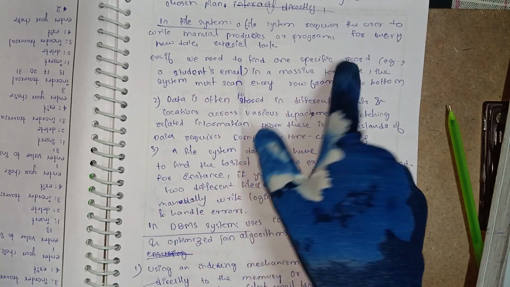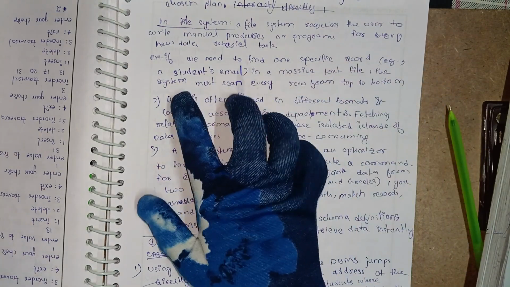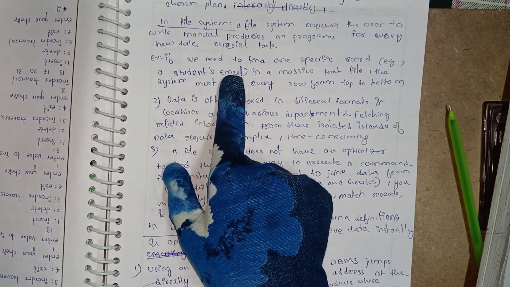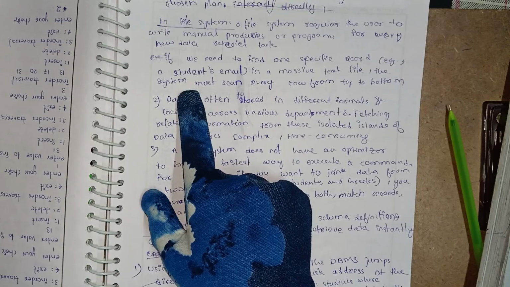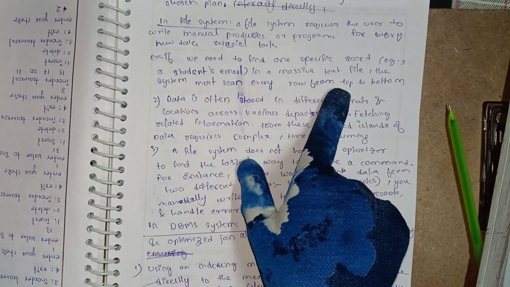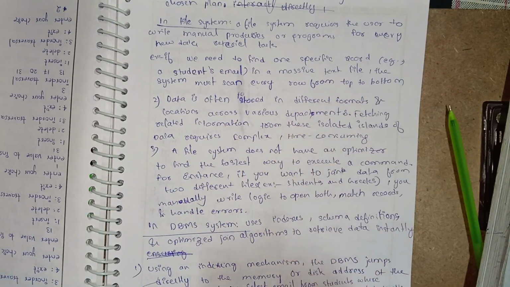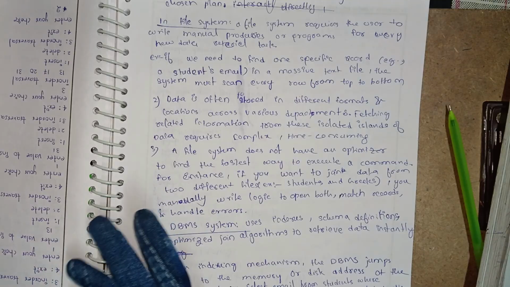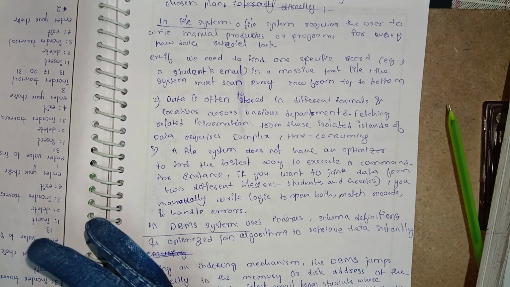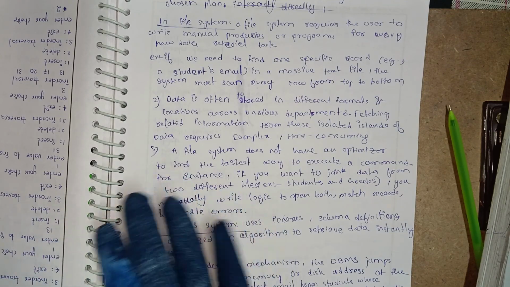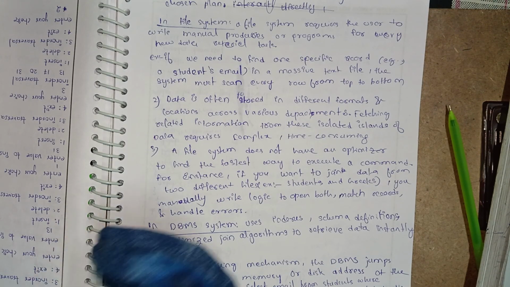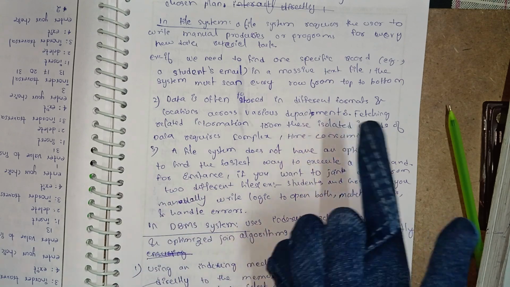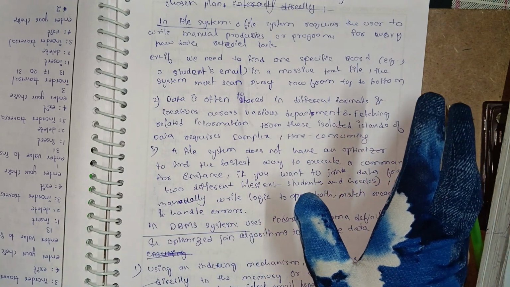The system must scan every row from top to bottom to find it. So it consumes time, and the query is processed inefficiently.